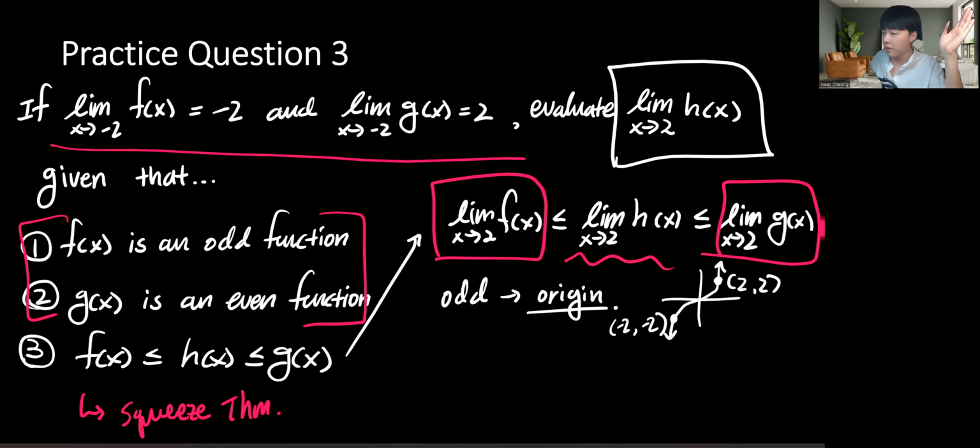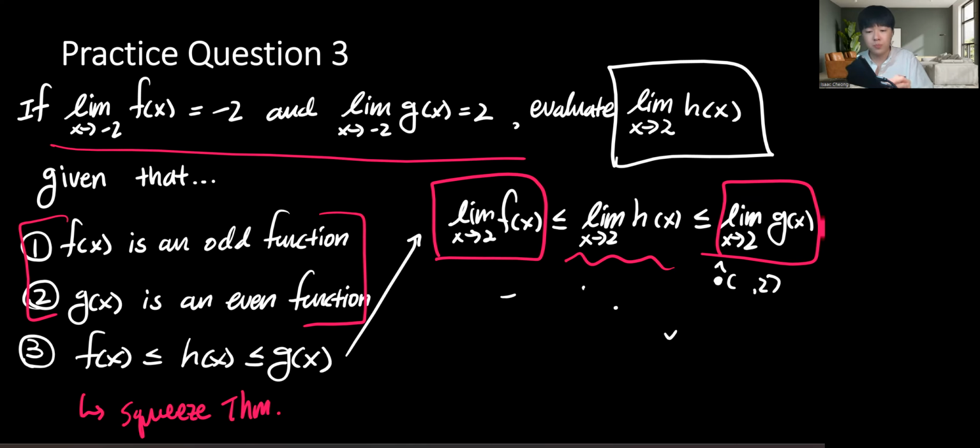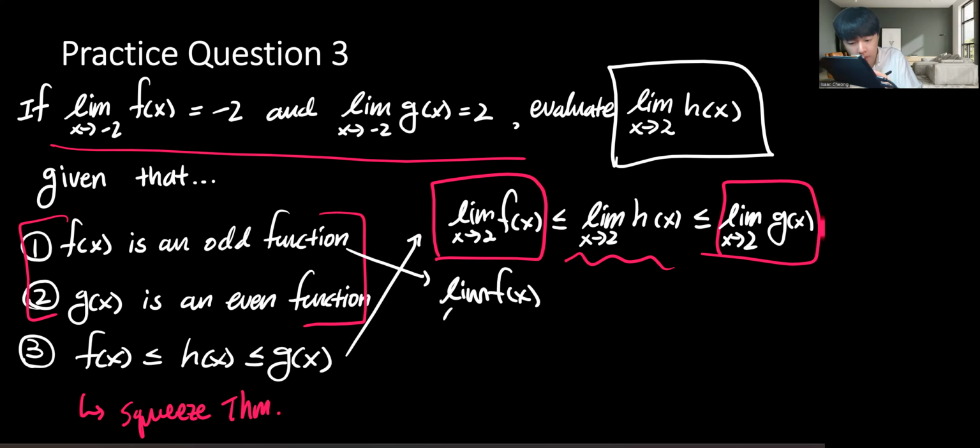Since f(x) is an odd function, if the limit of f(x) as x goes to -2 is equal to -2, then you know the limit of f(x) as x is approaching 2 has to be equal to 2.